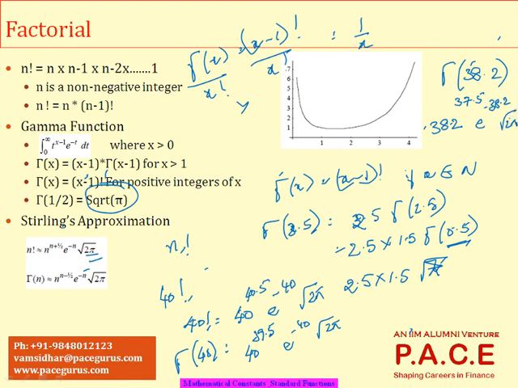Use this approximation to find gamma 38.2 in case a question of that kind arises. Using the Stirling approximation, you can identify this formula and display your answer. So that is one way you should try to use this particular concept.